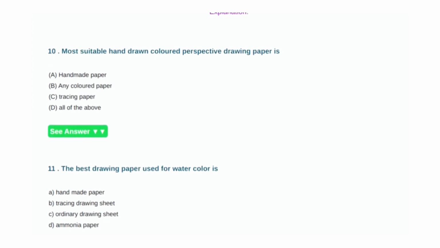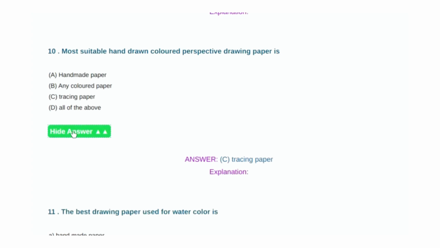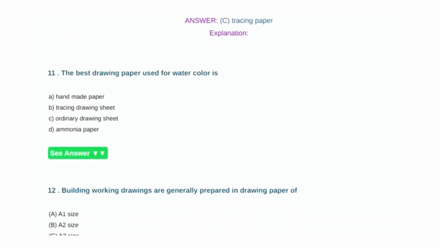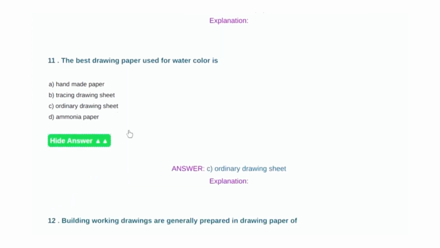The most suitable hand-drawn colored perspective drawing paper: handmade paper, any colored paper, tracing paper. Option B, no, tracing paper sheet. The best drawing paper used for watercolor is already tracing drawing sheet.